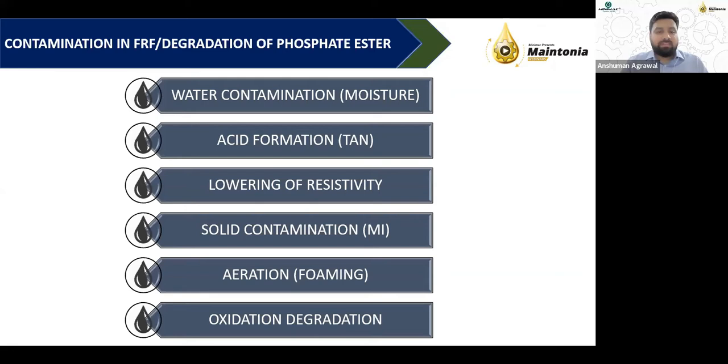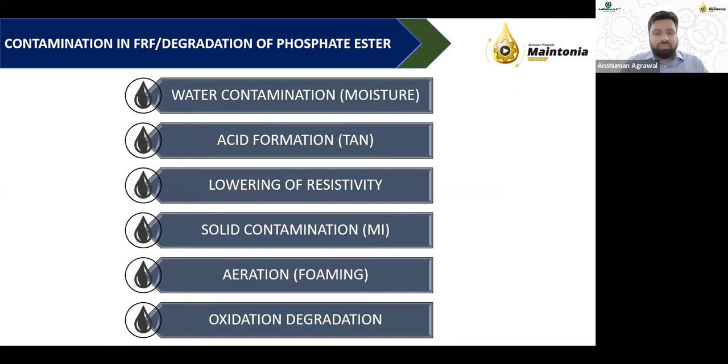And because of these two, water contamination and acid formation, the resistivity of the fluid also starts lowering. So the first three contaminants are quite related to each other. Because of water, you would find acid formation happening, and because of these two, the resistivity of the fluid will go down.